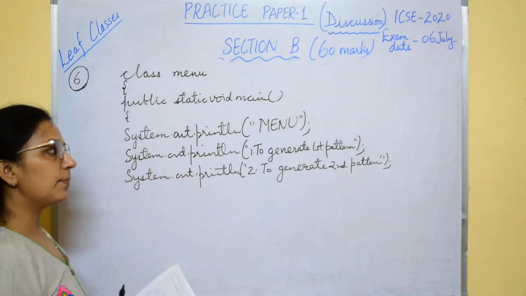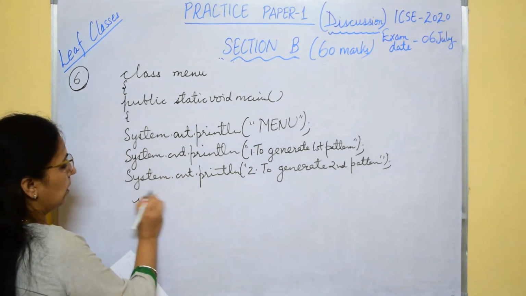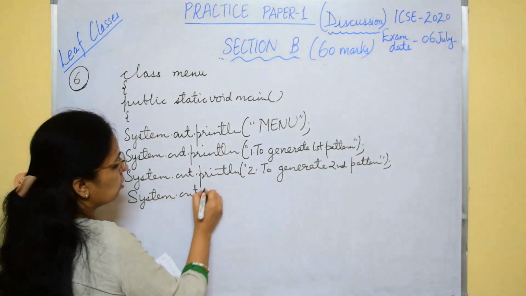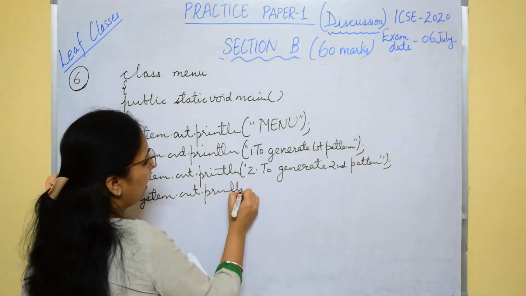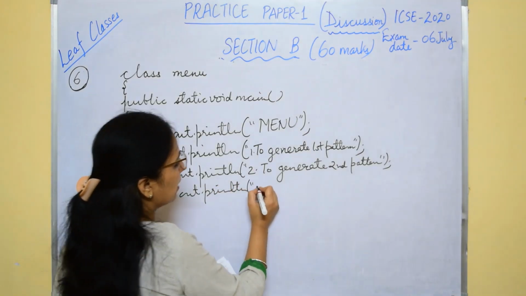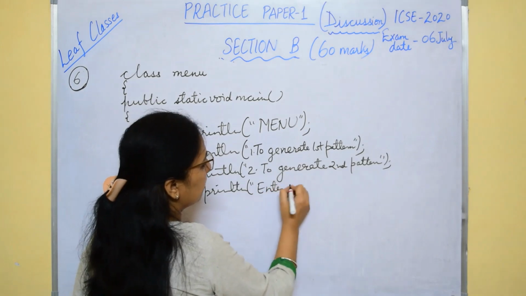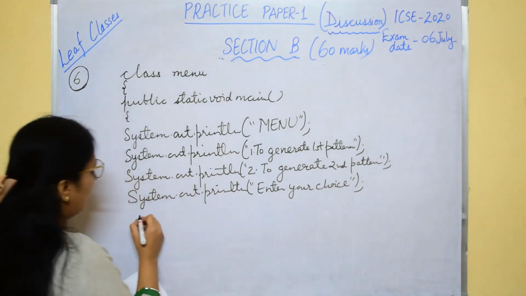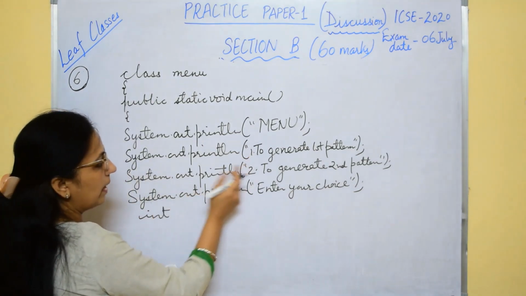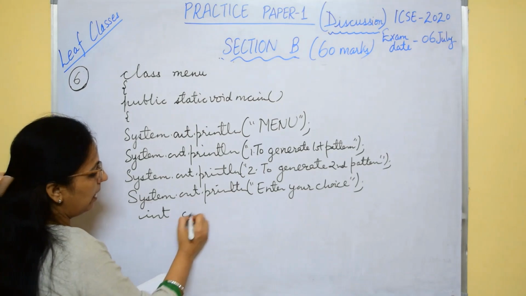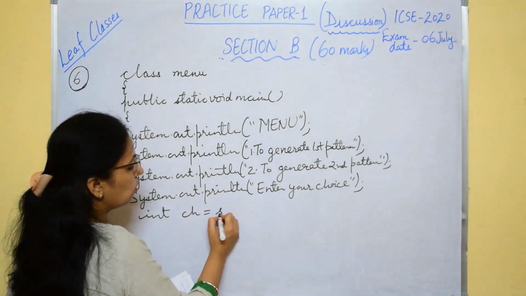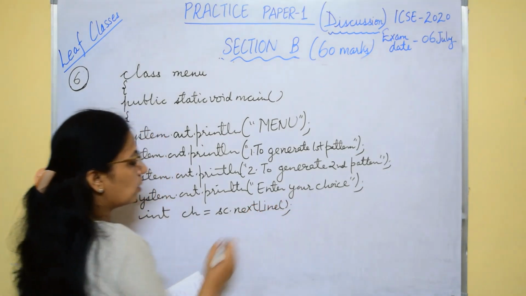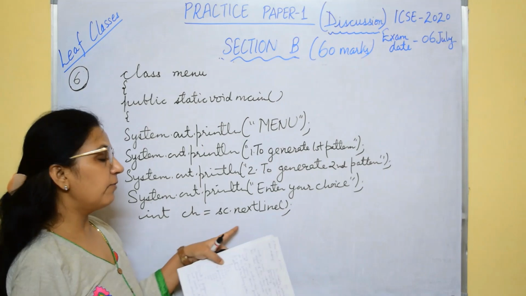And you have to accept the user's choice. So for that, first we can give a message to the user to enter their choice. "Enter your choice" you will write, and on the next line, since the options are 1, 2, you can take an int variable, int ch equals sc.nextLine. Again in this question also the nextLine function of the Scanner class is used.